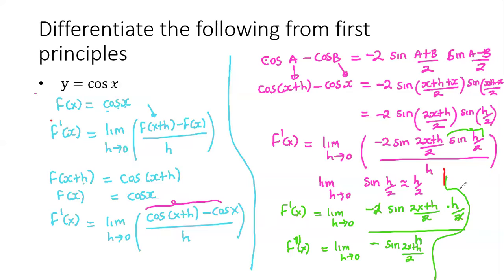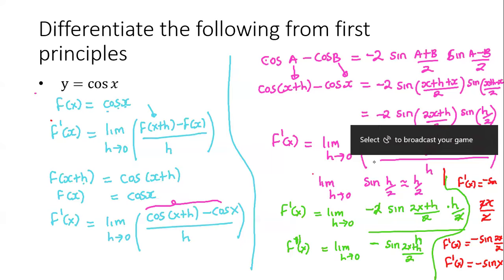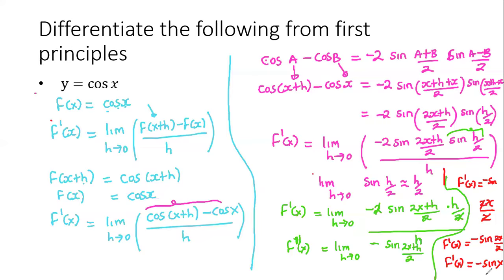So now I'm going to remain with f prime of x equal to negative sine of 2x out of 2. And therefore, f prime of x will equal negative sine of x, because 2x out of 2, once they cancel, you remain with x. So that means that when you differentiate cos, you end up with negative sine.